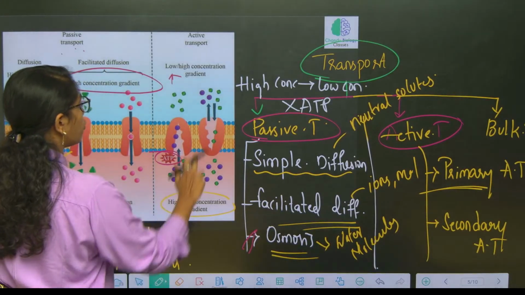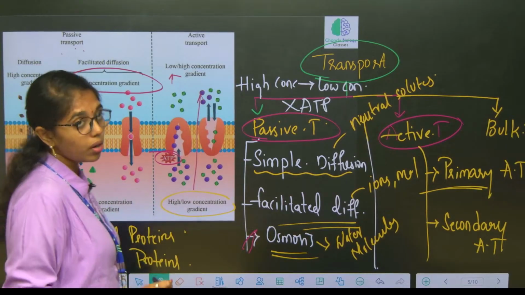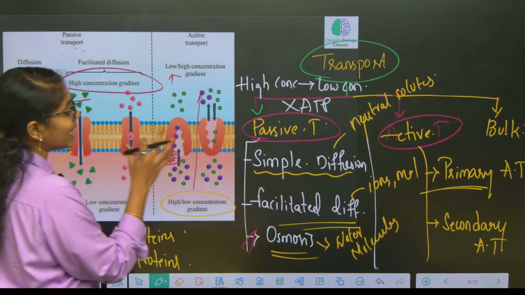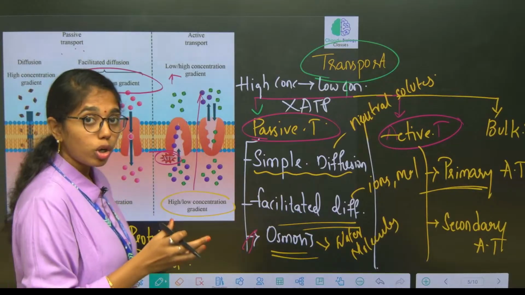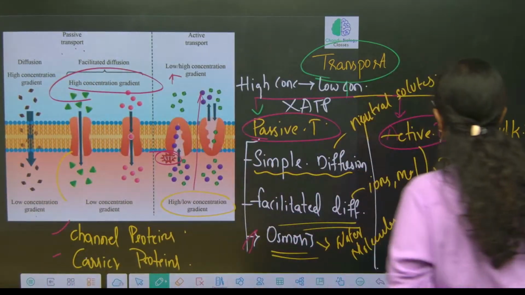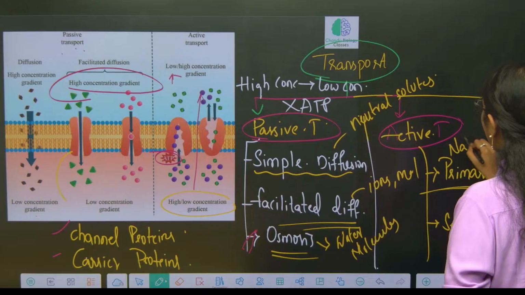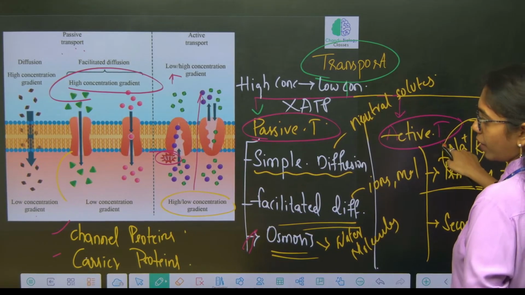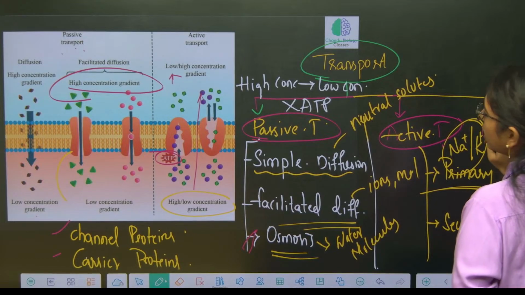Mostly the ion channels, for example the sodium potassium pump, are activated through active transport.